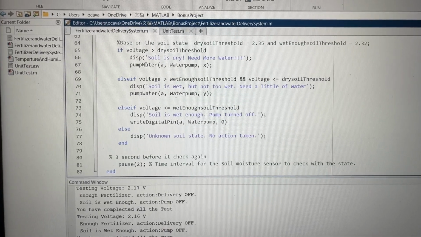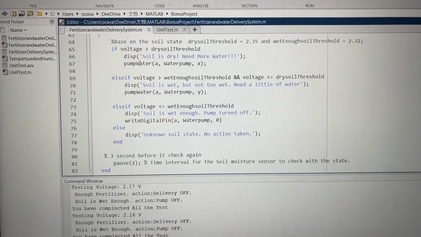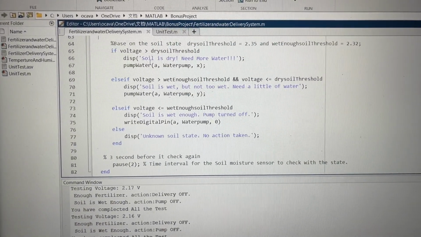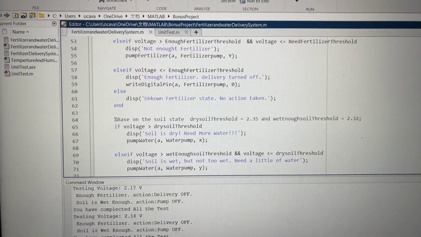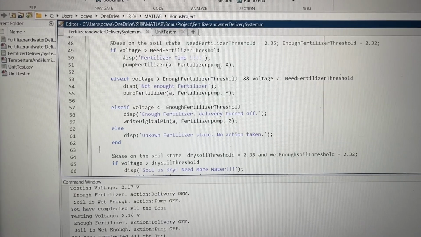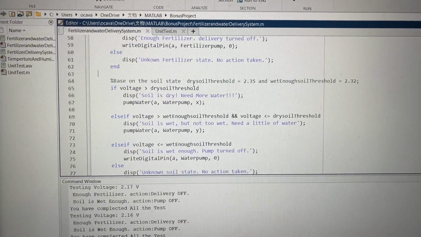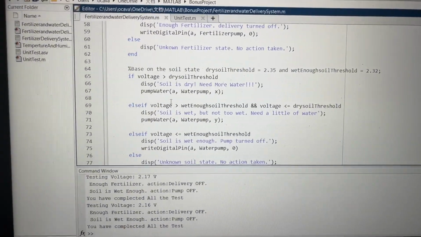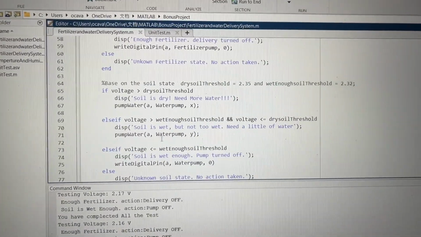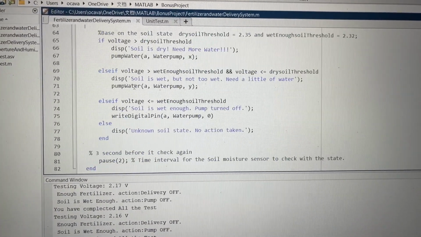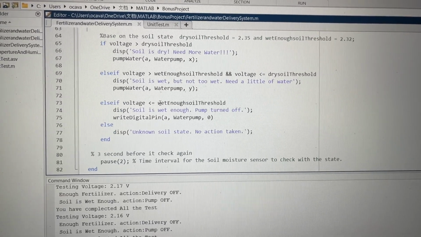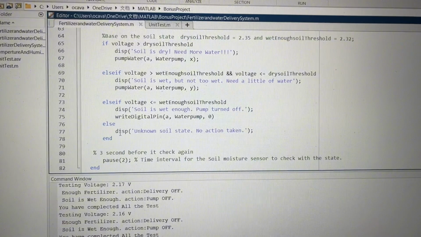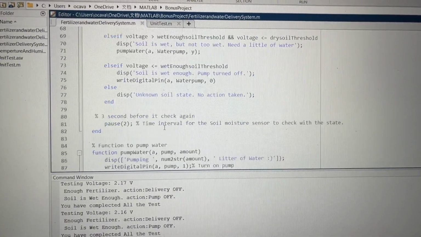Just to check, the x here is different from the X in the fertilizer system, because the fertilizer system has a capital X, which is 3 grams of fertilizer, and this one has a lowercase x, which means 2 liters of water is pumped. This also is the same thing: if the else if statement is satisfied, it's going to take action based on the code, and if none of them are satisfied, no action is taken.